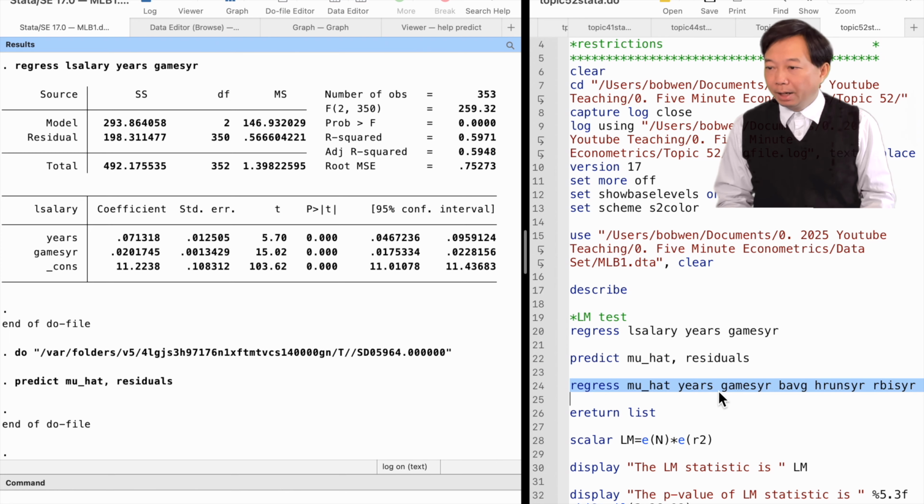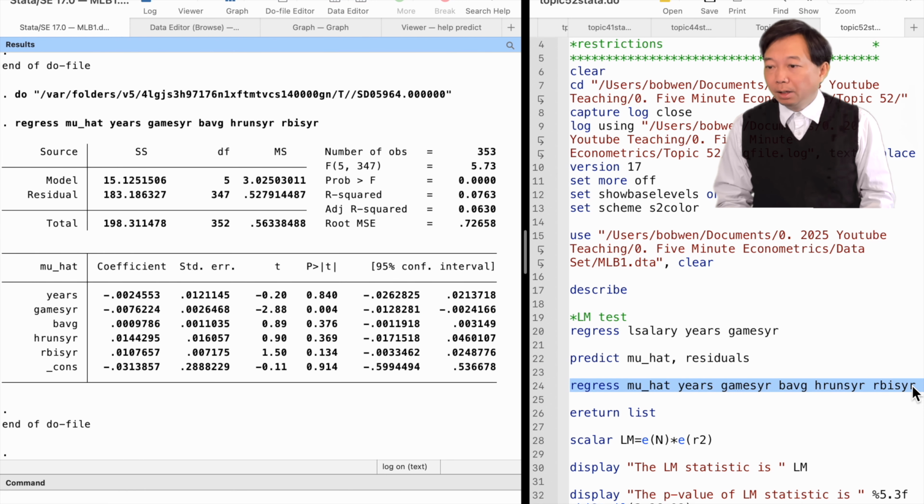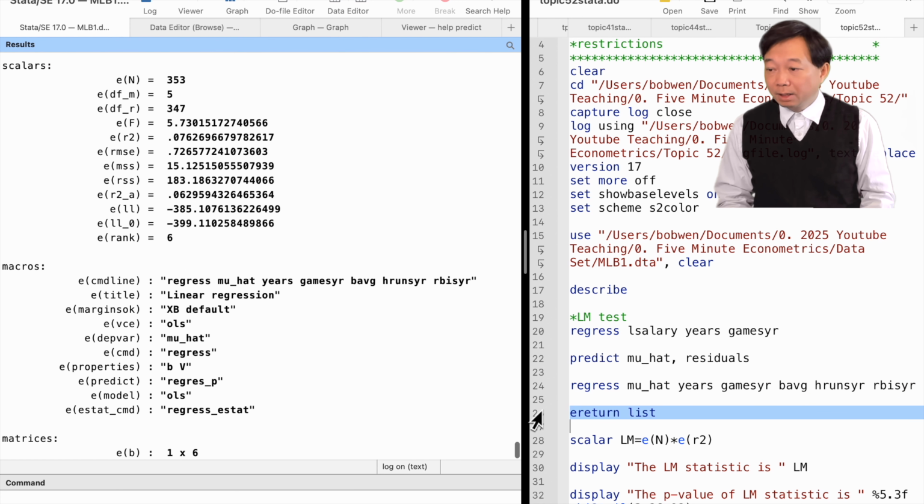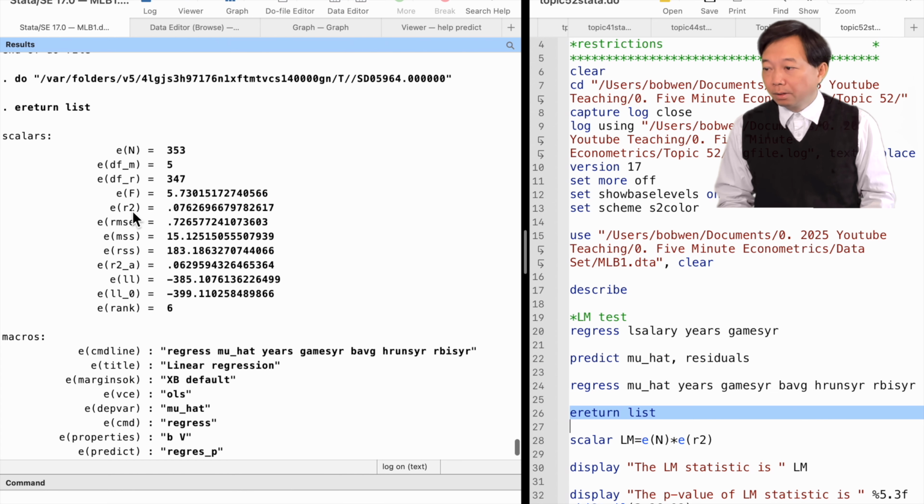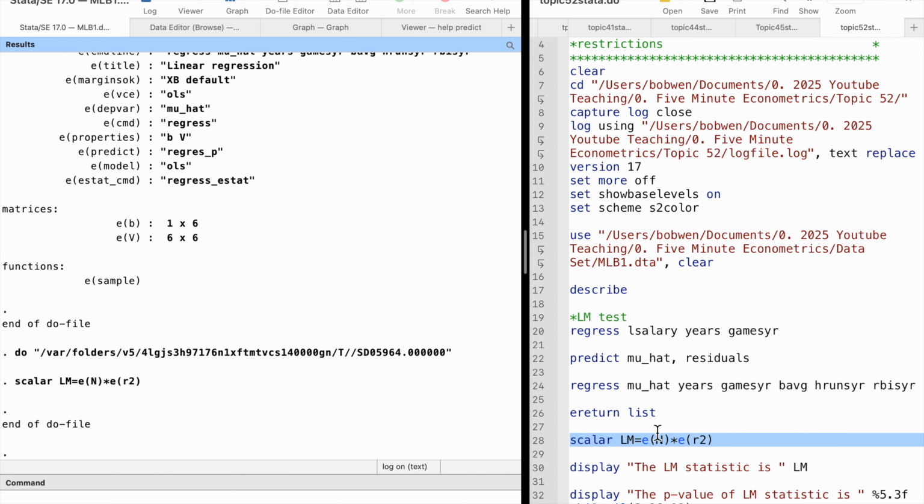We regress mu hat on all 5 explanatory variables. The R² from auxiliary regression is automatically stored. In the third step, we compute the LM statistic by multiplying the auxiliary R² by the sample size n.